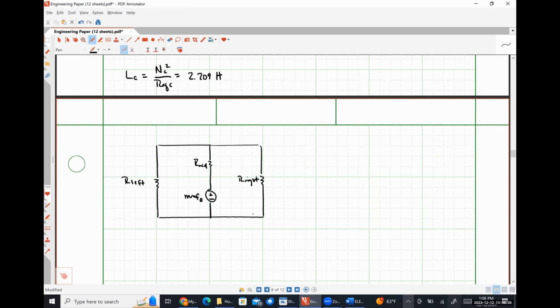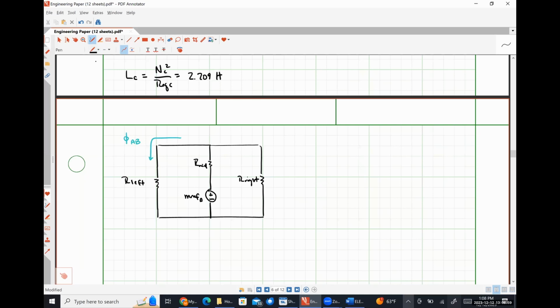And effectively what we're interested in finding would be this flux, phi AB. So just to be clear, how we're reading that is the flux generated by coil A that passes through coil B.